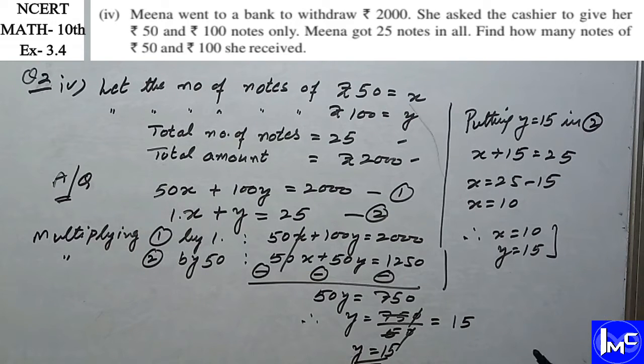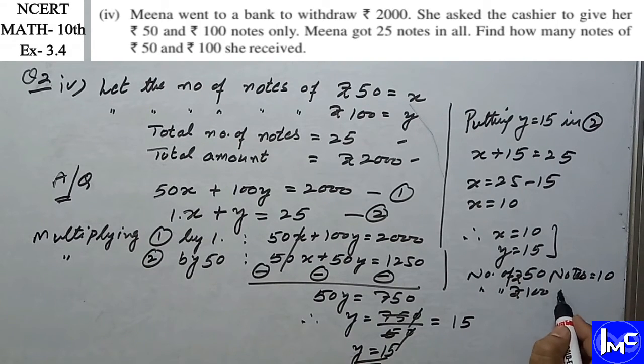And so we can say the number of rupees 50 notes will be equal to 10, and the number of rupees 100 notes is equal to 15, and this is our required answer.